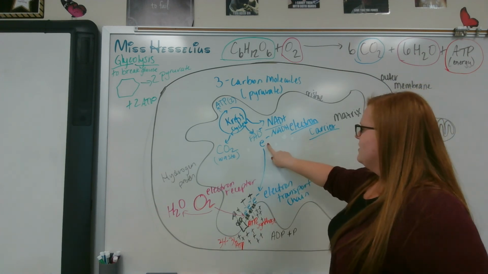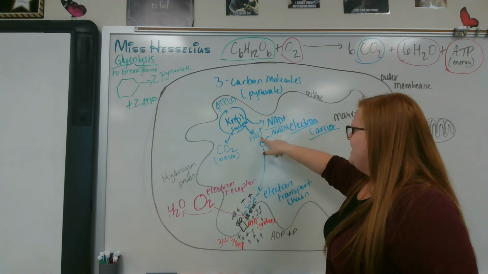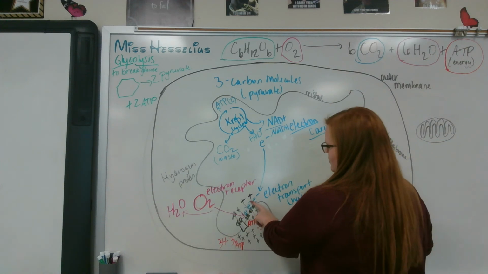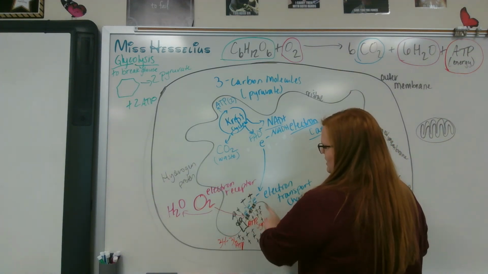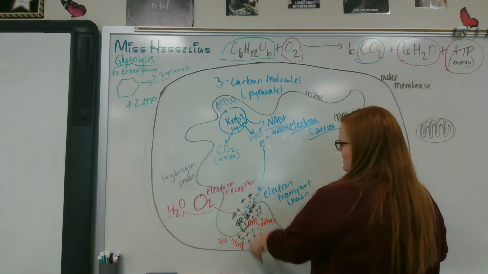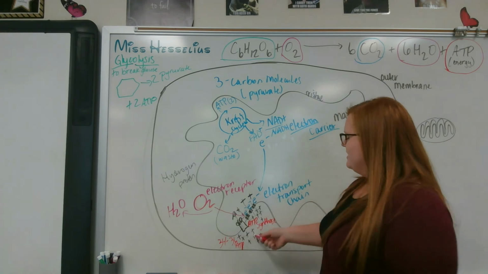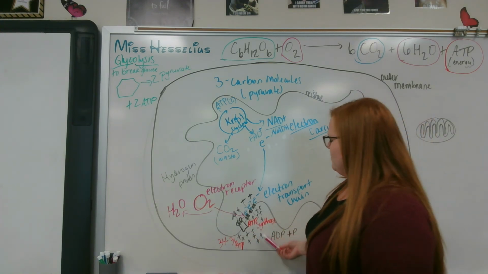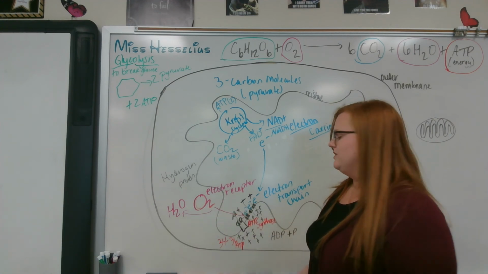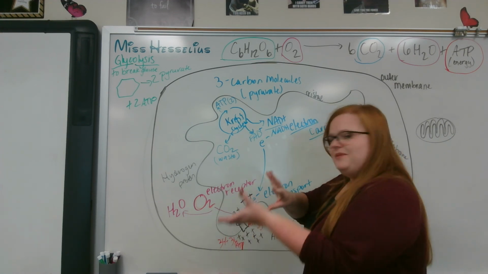Then these electrons, also from your food, get carried by NAD and FAD to the electron transport chain, where the electrons are used to pump protons through active transport across the membrane to form a high concentration of protons on one side, so they can go through passive transport, facilitated diffusion actually, through this ATP synthase channel, which will cause ATP synthase to spin.